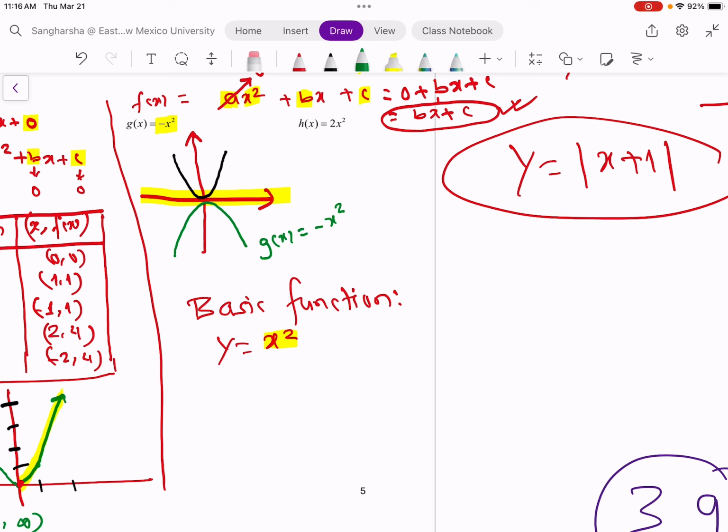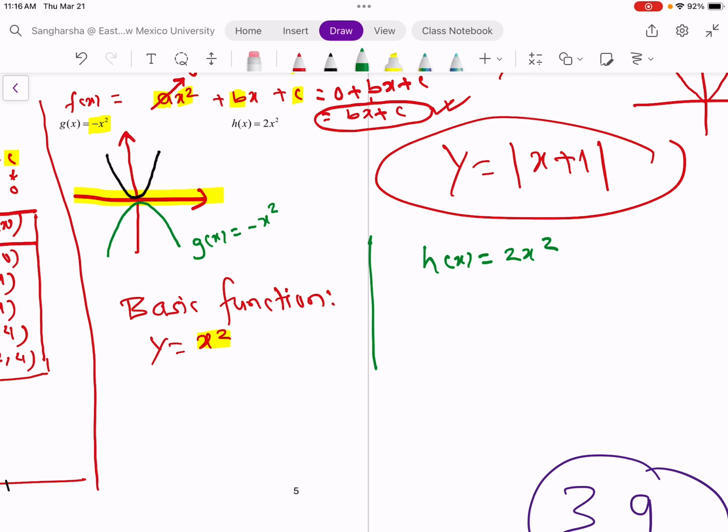Now for h of x, what happens? Our h of x is 2x square, and what is the basic function for this? The basic function is y equal to x square, the same since it's a quadratic.